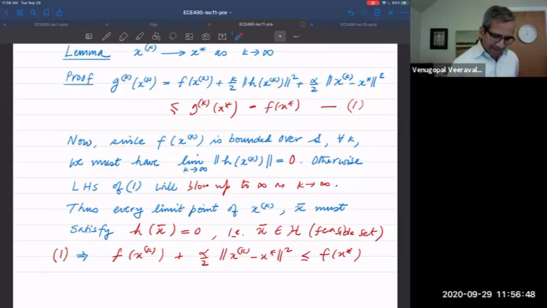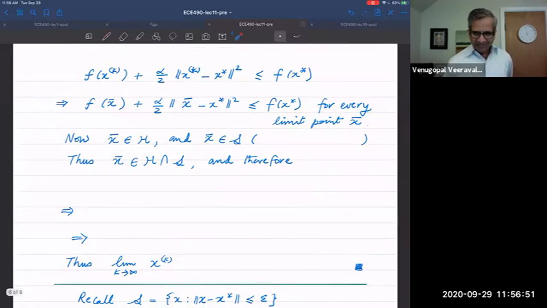So how do I do that? I've repeated that statement here. Now let's take the limit of xk, say xk goes to this limit point x bar. Every limit point x bar must satisfy the same inequality with xk replaced by x bar in the limit. That's clear, right? Now we know that x bar belongs to h. Also, x bar belongs to s. Why is that?